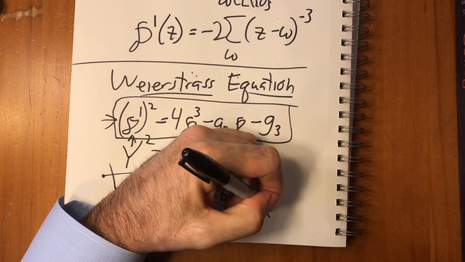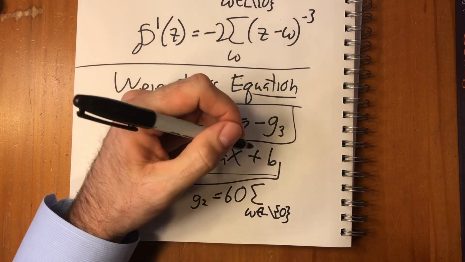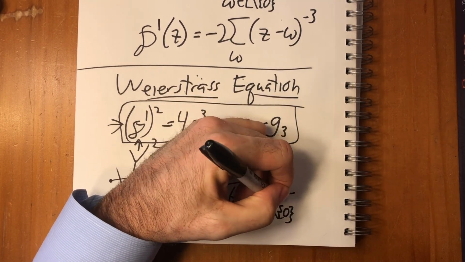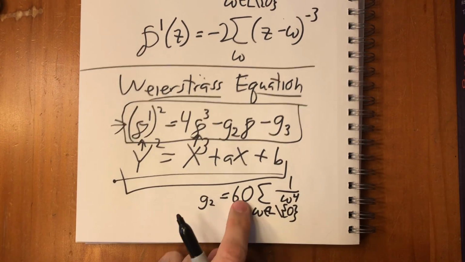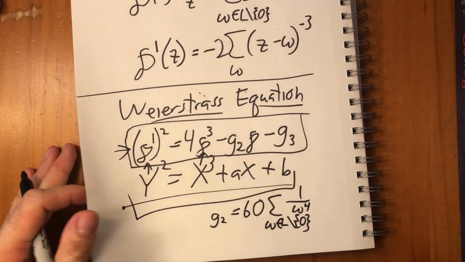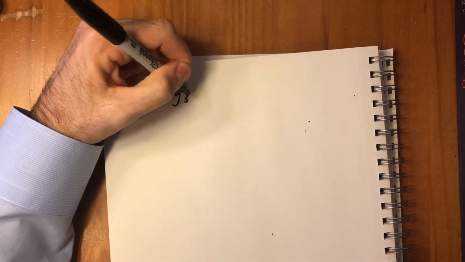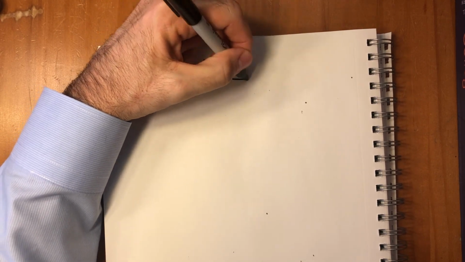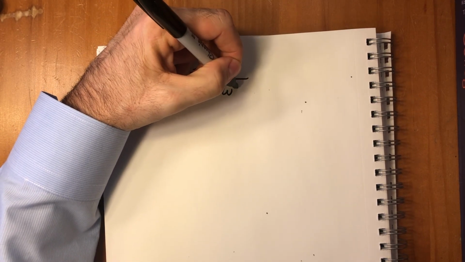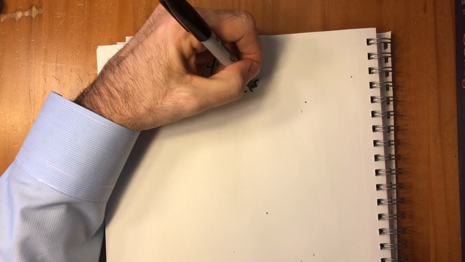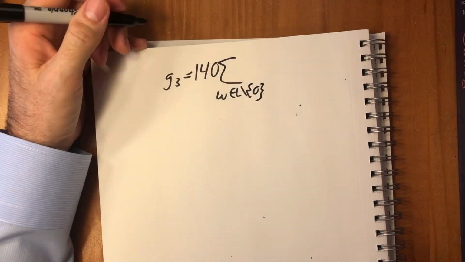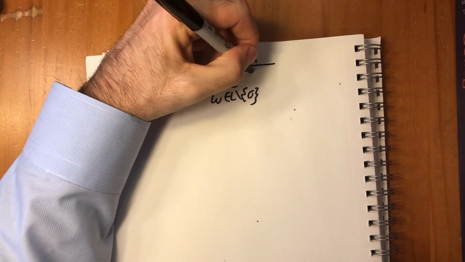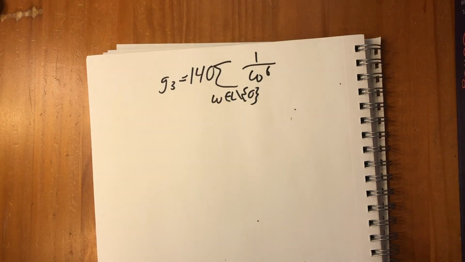So it's the same thing, except for 0. G2 is 60 times the sum of 1 over omega to the 4th. The 60 is the weird thing. And then the second one, G3, equals 140 times, again across the lattice, 1 over omega to the 6th.